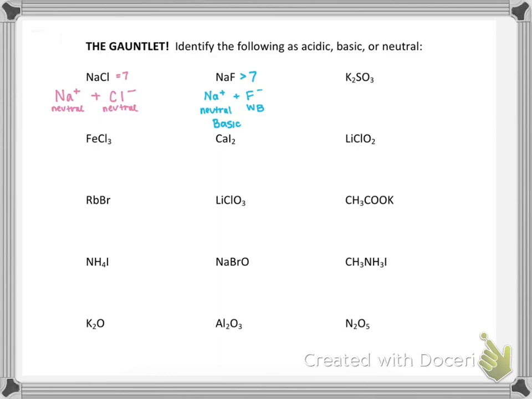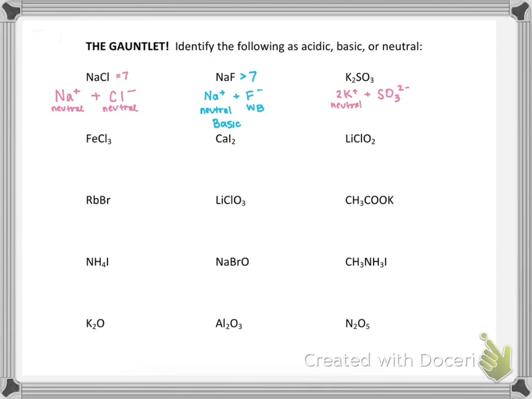Okay, and we have potassium sulfite. So we'll end up dissociating into 2 K+ ions and 1 SO3 2-. So potassium would come from potassium hydroxide, KOH, which is a strong base. So this is going to be neutral.